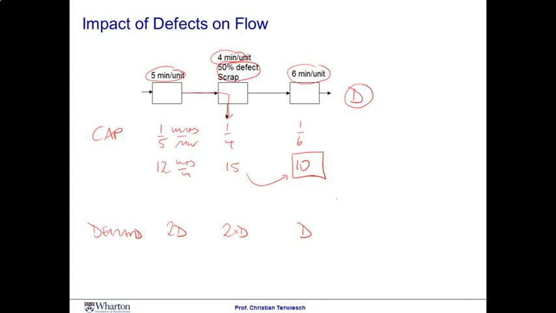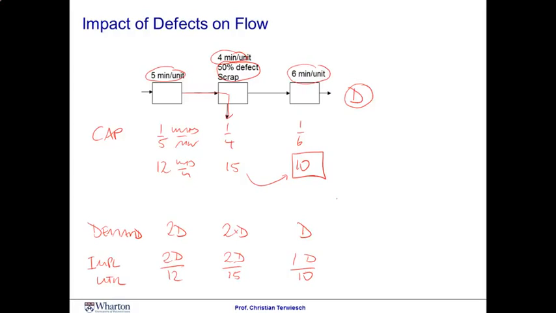If I now look at the demand relative to capacity, which we back then referred to as the implied utilization, I actually can find the bottleneck. 2D divided by 12, 2D divided by 15, D divided by 10.